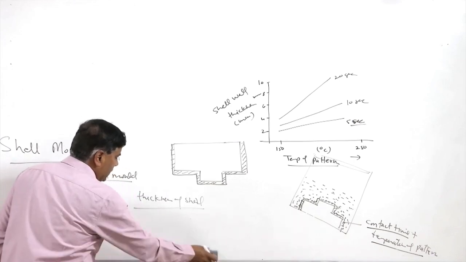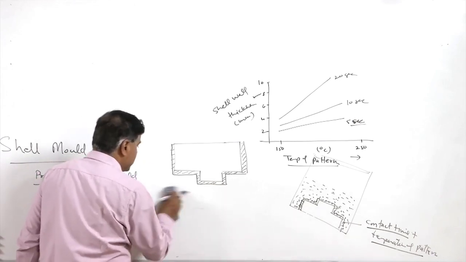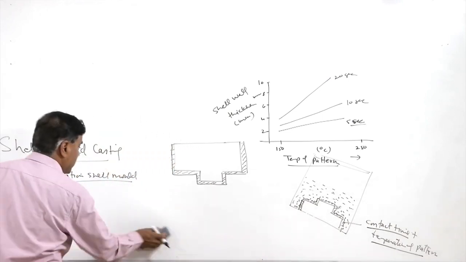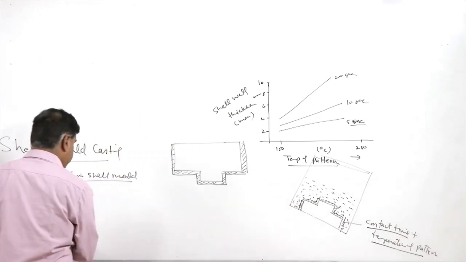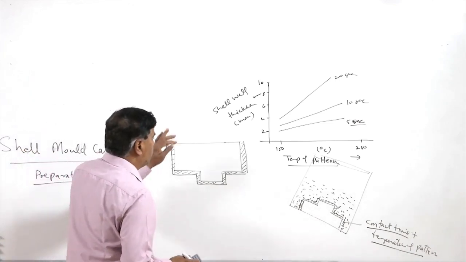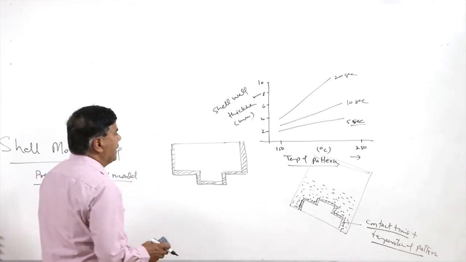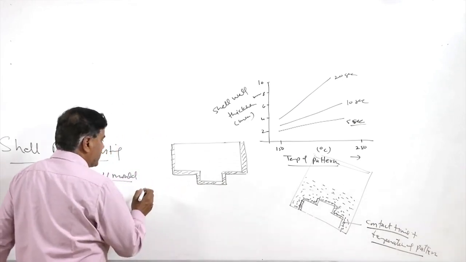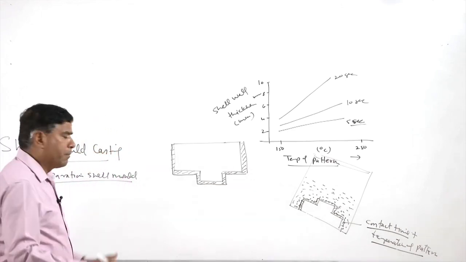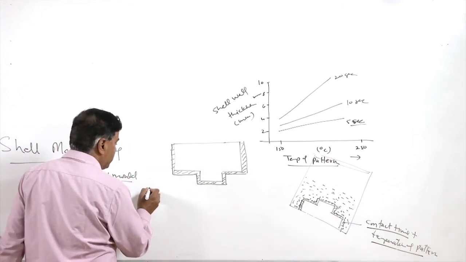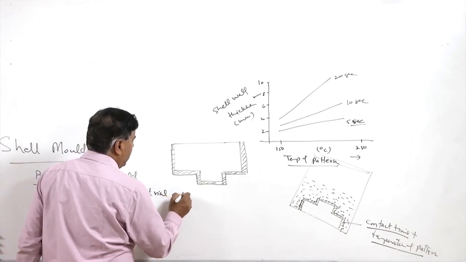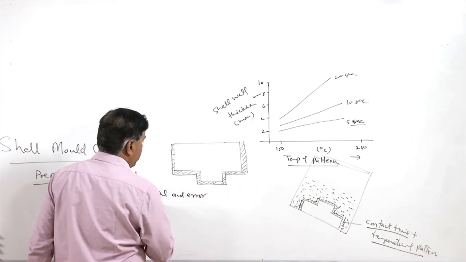The shell thickness, as I mentioned, which is to be used depends upon the pouring temperature, size of the casting, and the complexity of the shape of the casting. So, once the shell of the proper thickness has been achieved, which thickness is to be used for a particular casting, that is achieved through the trial and error method.